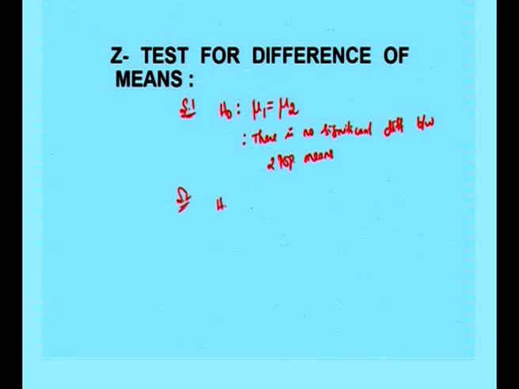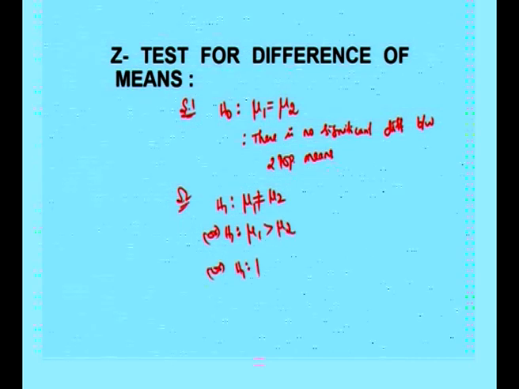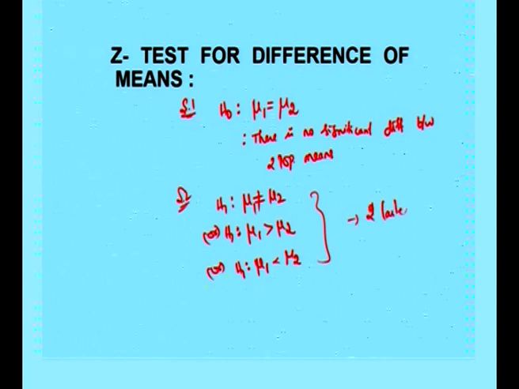Then step 2, H1 will be mu1 not equal to mu2, or H1 will be mu1 is greater than mu2, or H1 will be mu1 is lesser than mu2, and determine whether it is a two-tailed test or one-tailed test.